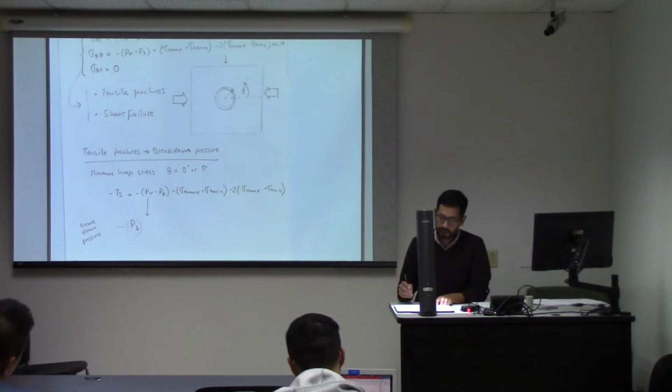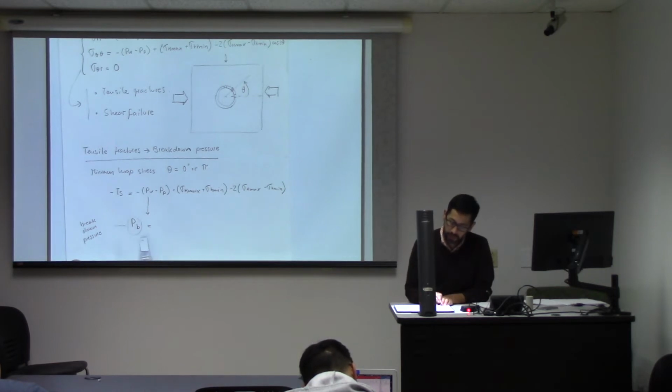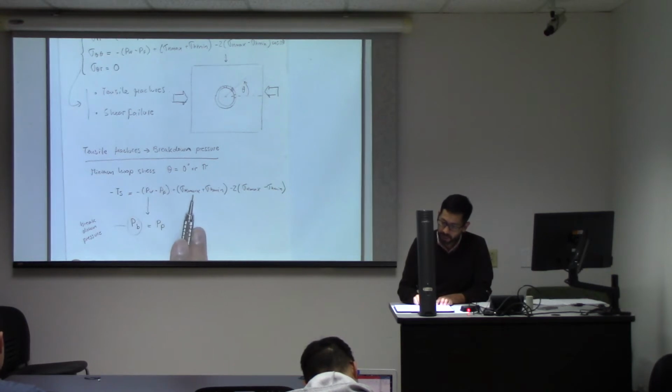And I'm going to explain a little bit why breakdown. But if we were to move this PV to the left, then this is going to be negative and negative. This is going to be positive. And then I have 1 sigma h max and negative 2 sigma h max.